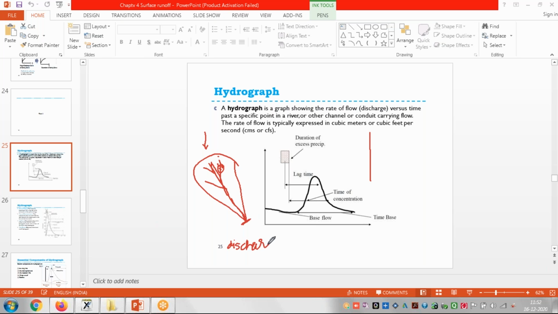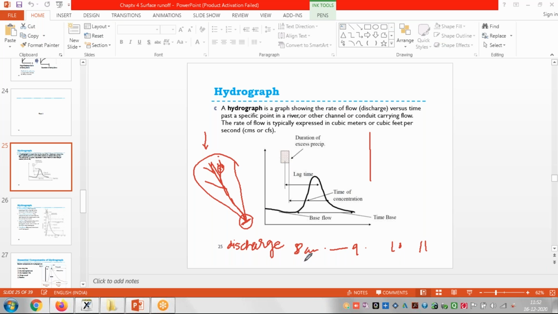We measure the discharge at different times, for example in the morning at 8 a.m. it was 0. Then 9 a.m., 10 a.m., 11 a.m. Rainfall started, and when rainfall started, discharge is collected.